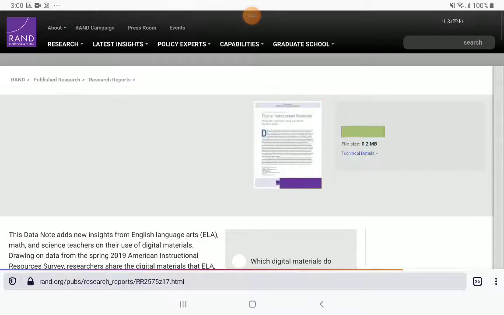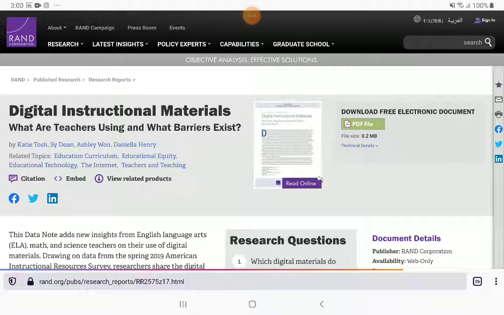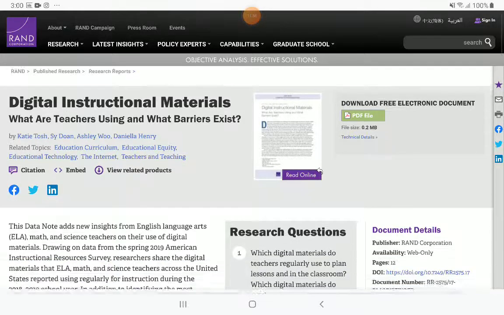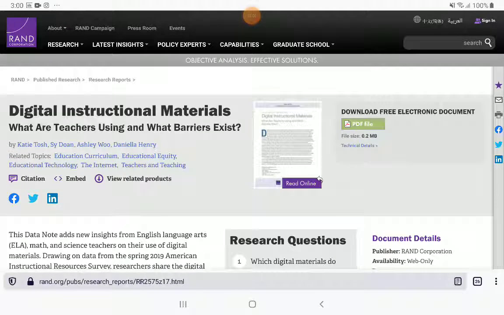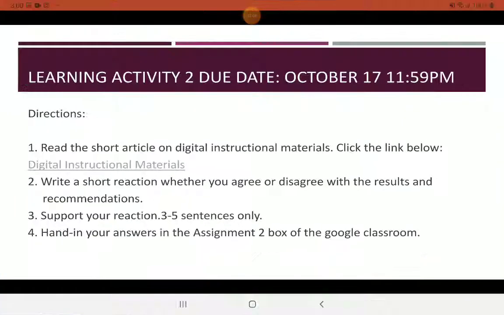So it's very relevant because nowadays we don't just focus on books and textbooks, especially the hard copies. We use digital instructional materials. All you have to do is read this, and you can also download a free electronic document if you want, or read online. So I will go back to the slideshow.